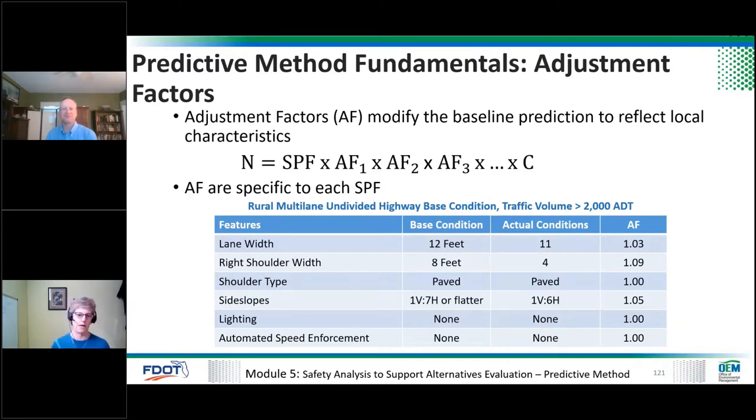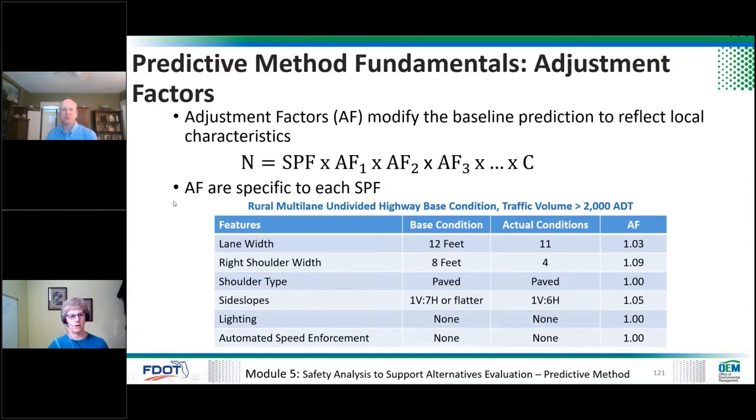Maybe instead of 12-foot lanes, you have 11-foot lanes. And maybe instead of paved shoulders, you have gravel shoulders. And maybe, strangely, you have lighting on your rural 2-lane road, whatever. So there are these adjustment factors, or CMFs, as they're called now, that modify that base prediction to reflect your local characteristics. And so that adjusts your prediction a little bit.